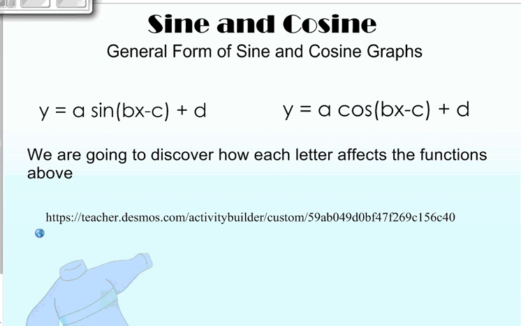So here are the formulas with transformations. Notice that we've got an A, a B, a C, and a D. All of these are going to affect the equation somehow, and we are going to discuss some of them today, and some of them we're not going to do until later, and some of them we're going to work with the functions in immediately.